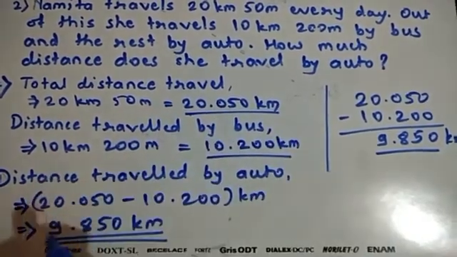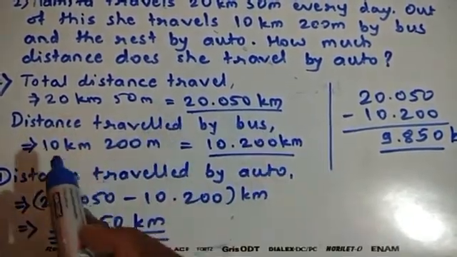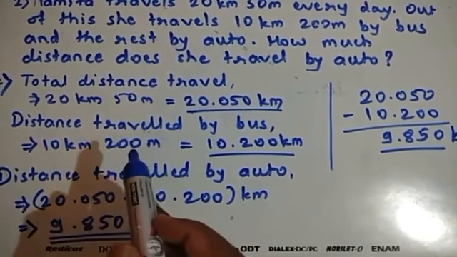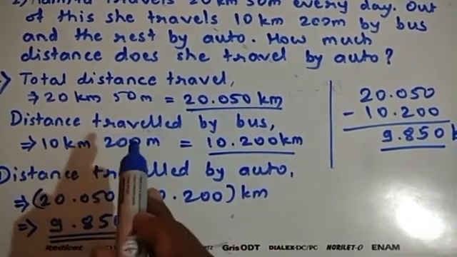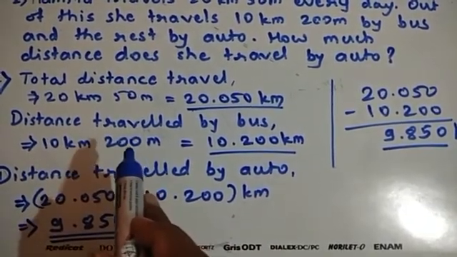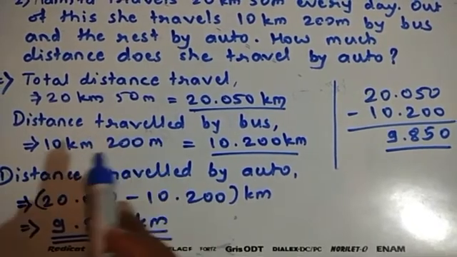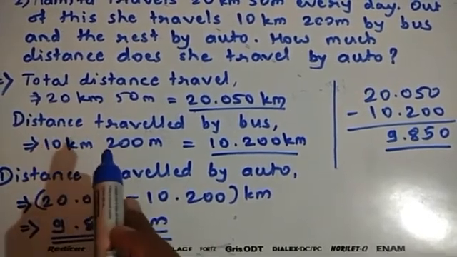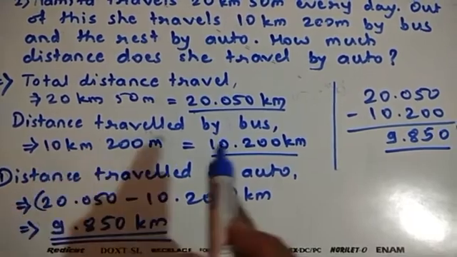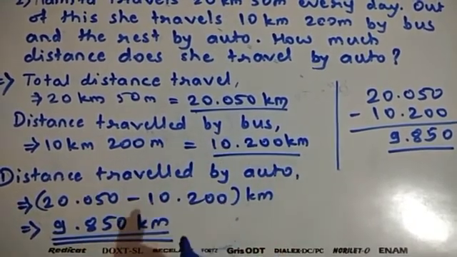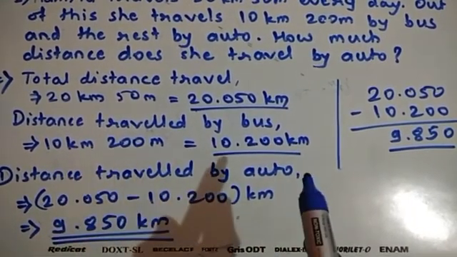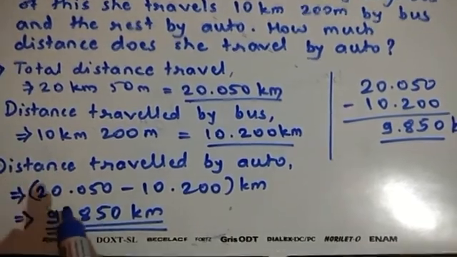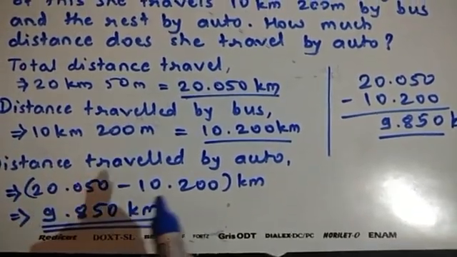In the same way, distance traveled by bus is 10 kilometer 200 meters. So 200 meter first convert into the kilometer. Therefore 200 divided by 1000 is 0.200. Therefore 10 kilometer plus 0.200 is 10.200 kilometer. Now distance traveled by auto is 20.050 minus 10.200 kilometer.